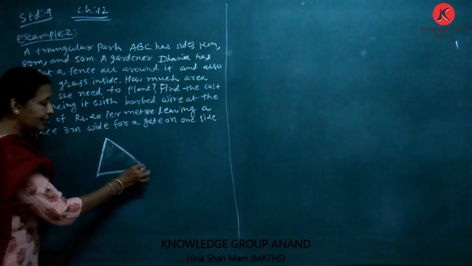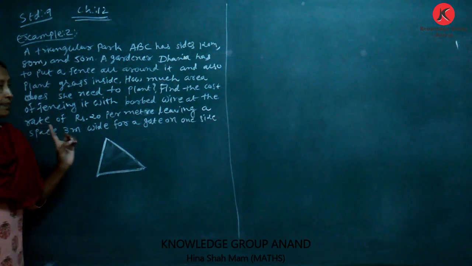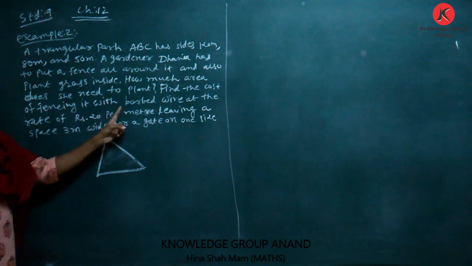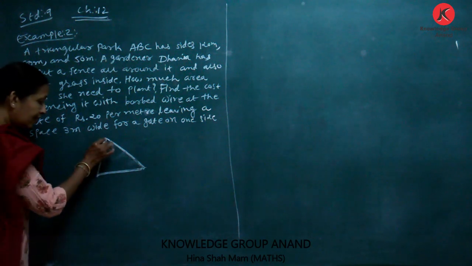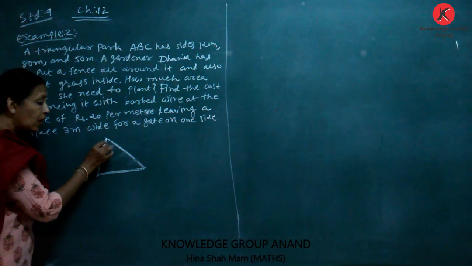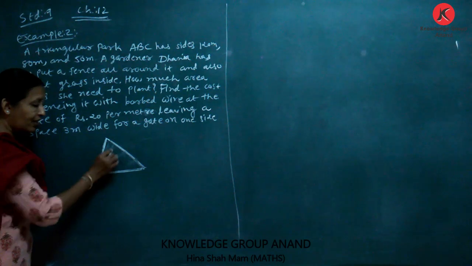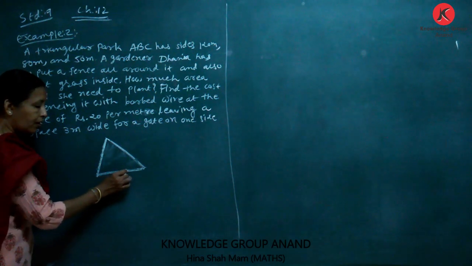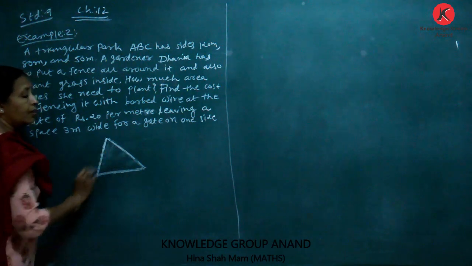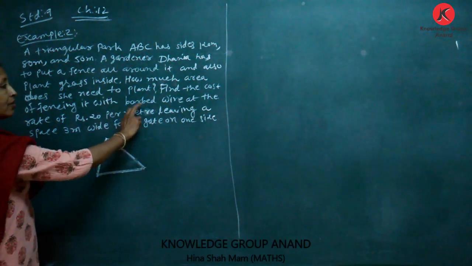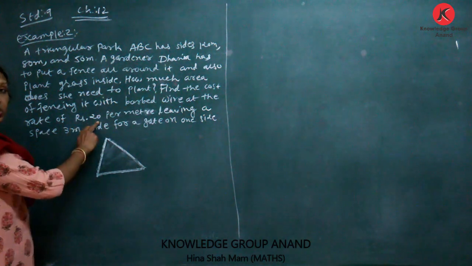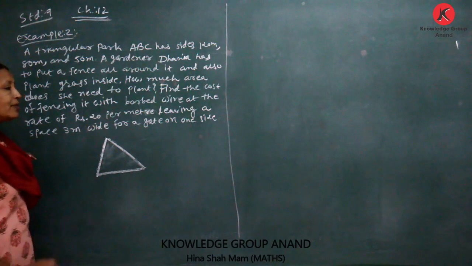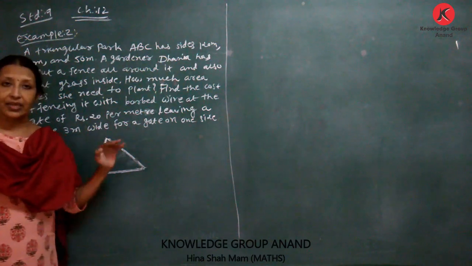This is the triangular park. For fencing, we find the cost with barbed wire. Fencing is done on the boundary, not in the middle. We know fencing is put on the boundary, so it is the perimeter, with barbed wire at the rate of ₹20 per meter, leaving a space 3 meter wide for a gate on one side.